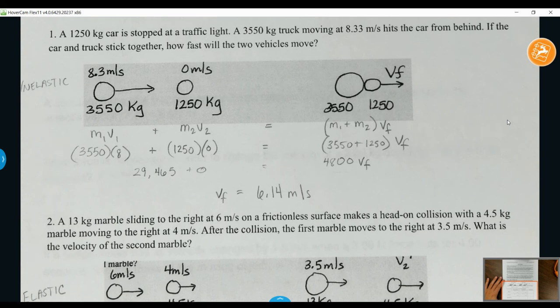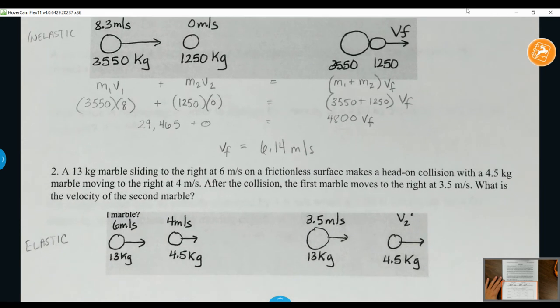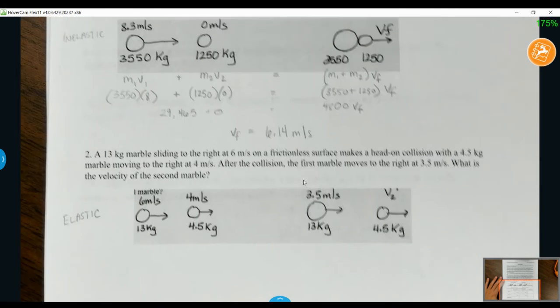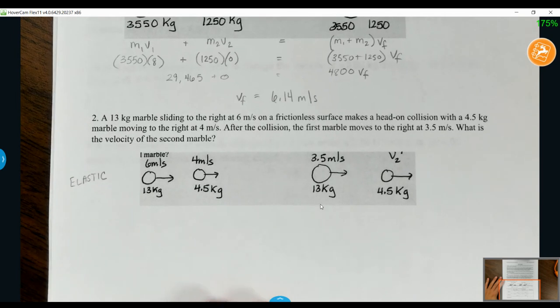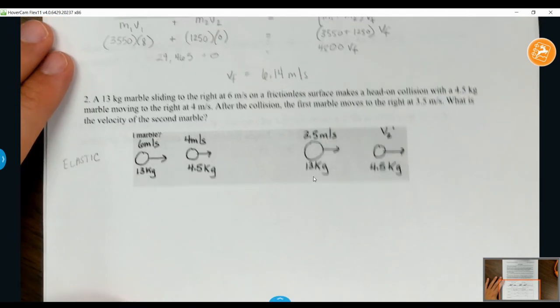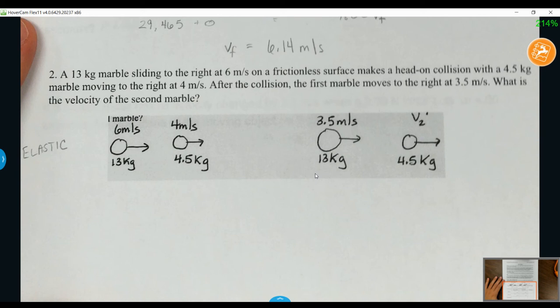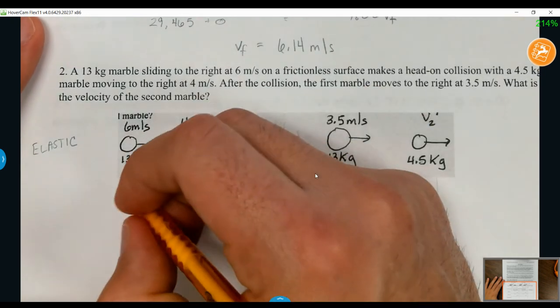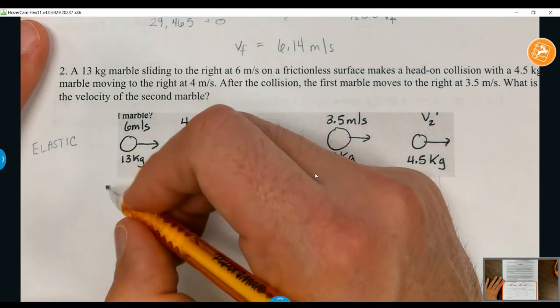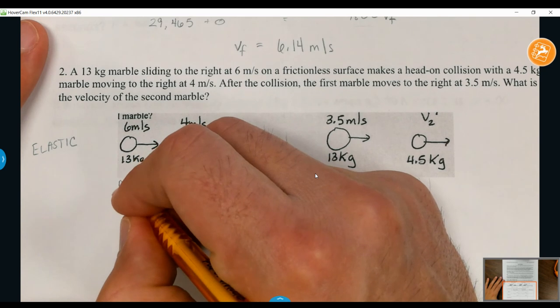The next, all right, we're looking at an elastic collision. So once you have your picture, you write out the equation underneath it, makes it easier.